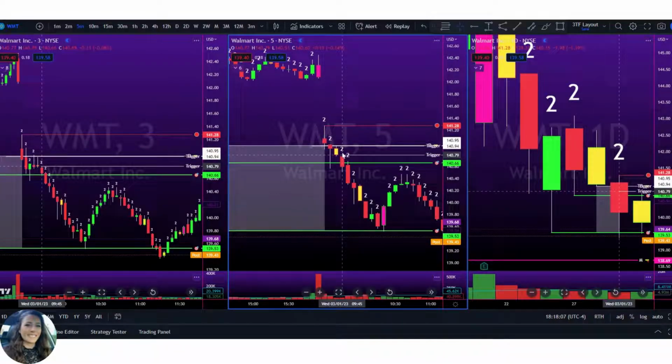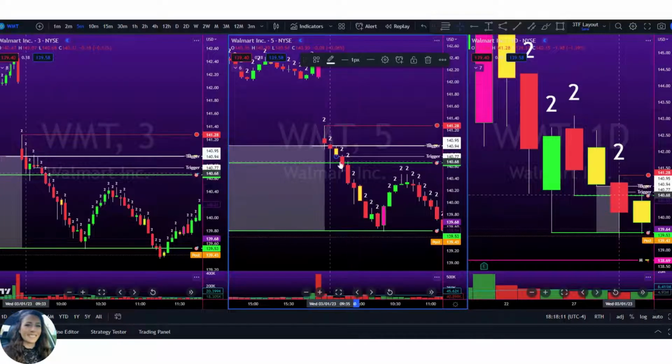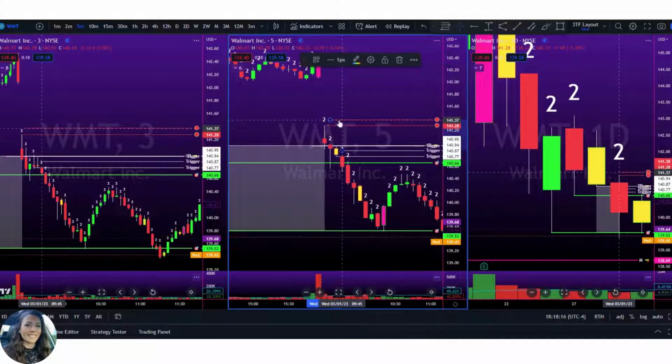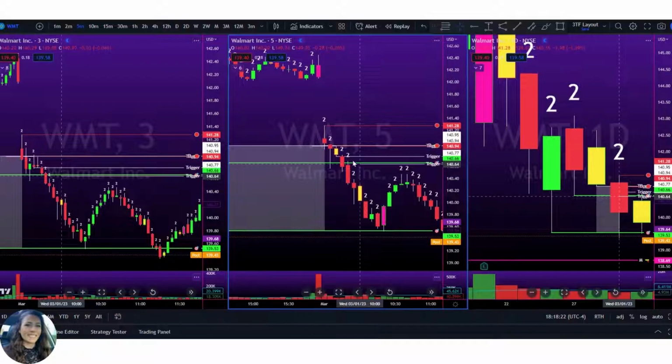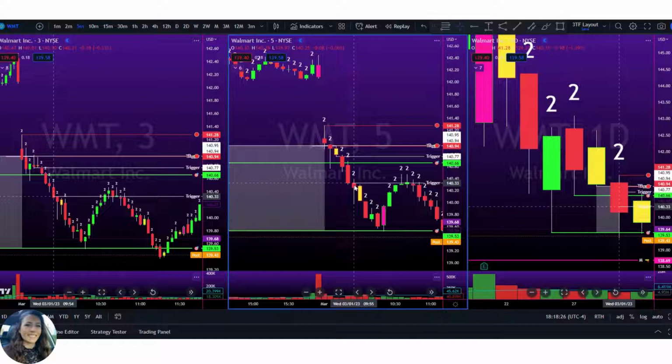Then we get a bearish 2-1-2 down, and that's target 1. So we did hit target 1, and then your stop, you can have at the high of the candle or the 50% mark. Okay, 2 down, 2 down, 2 down. That's continuation. That's not actionable signals.